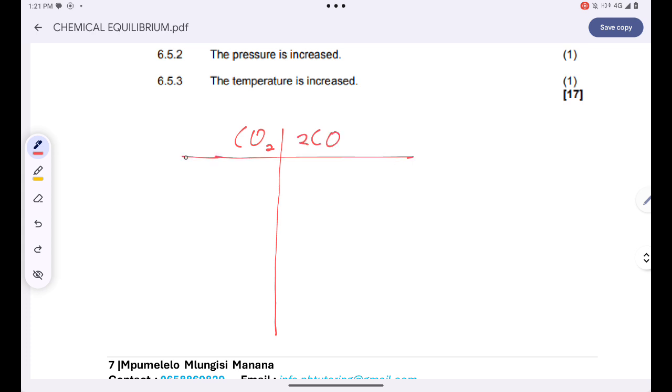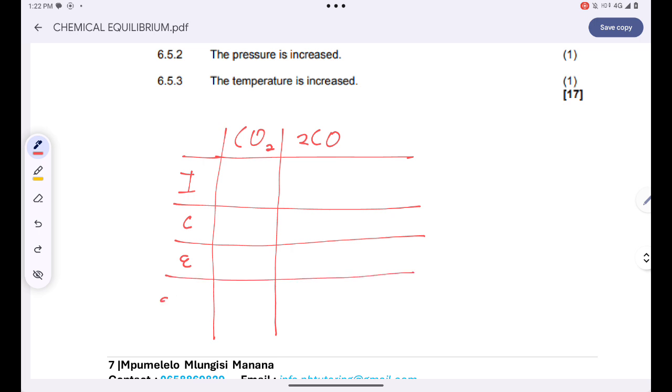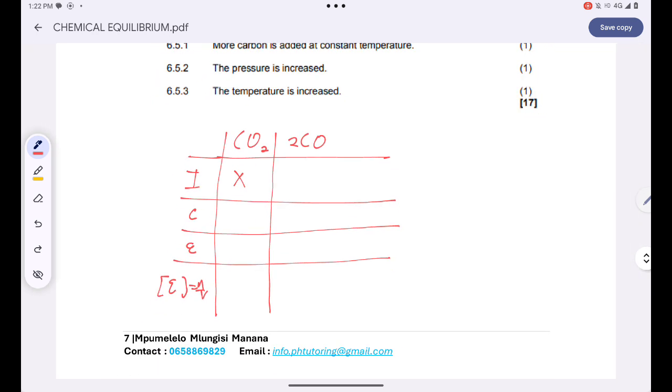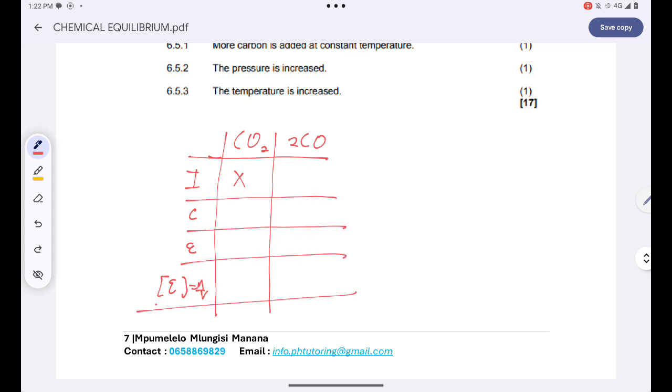I have my initial moles, my change in moles, my equilibrium number of moles, and my equilibrium concentration. I do not know the initial number of moles, so I can simply call it X, but I do know that at equilibrium I have 168 grams of carbon monoxide.